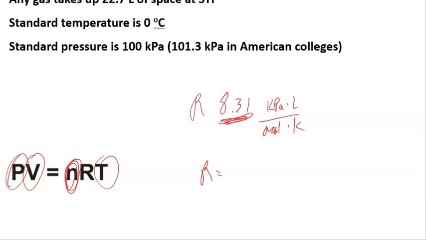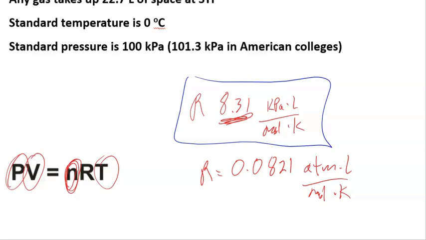There's other R's we could use, 0.0821, and that's going to be for atm, liters per mole Kelvin. But IB specifically uses this one right here almost all the time. We could convert, it's easier, I think, to convert the pressures to kilopascals and use 8.31 than to memorize more and more R's.